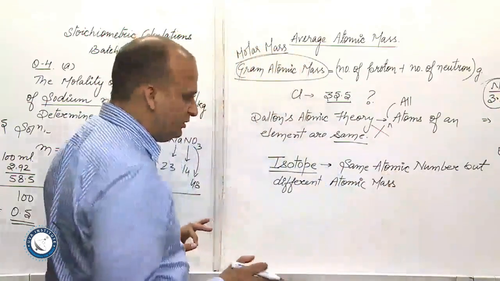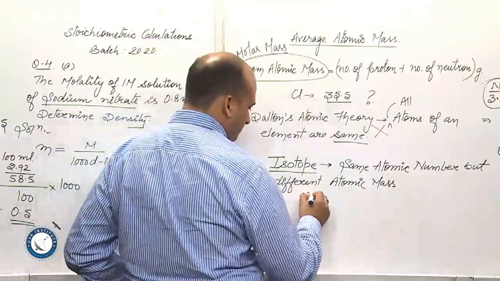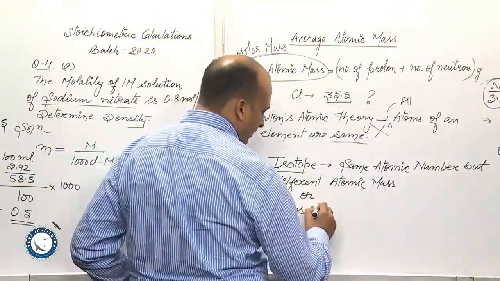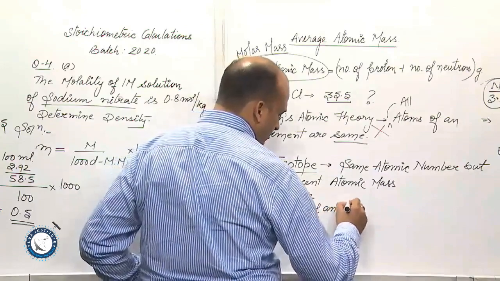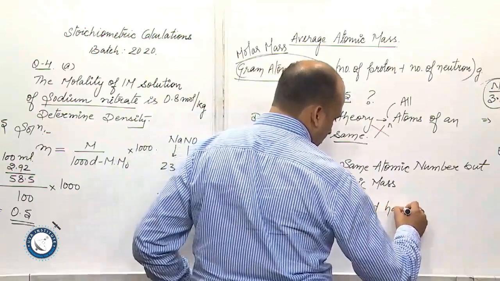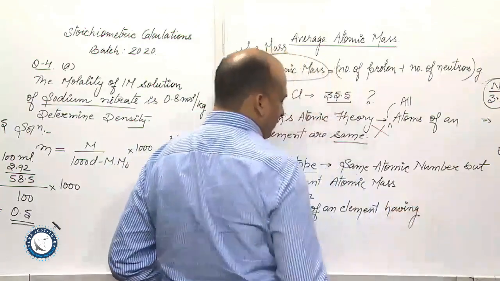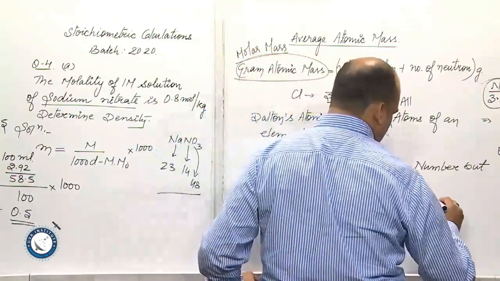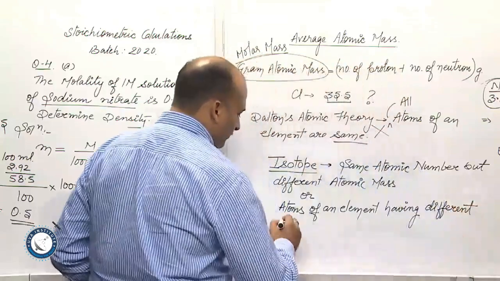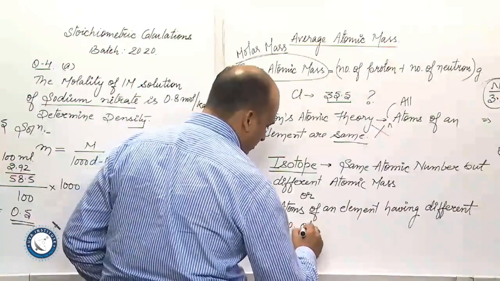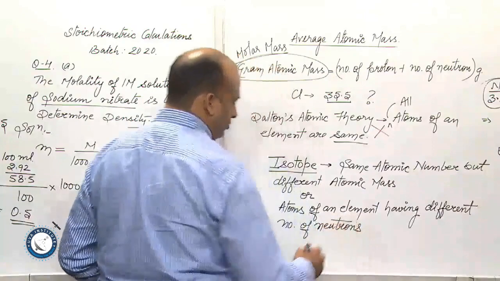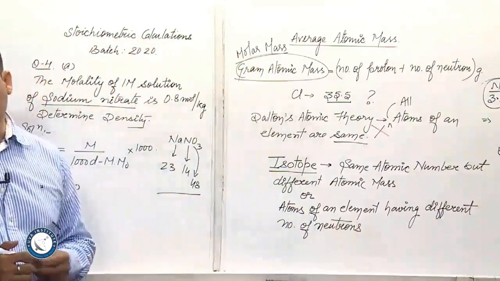Or in very simple words, atoms of an element having different number of neutrons. Very, very simple words.